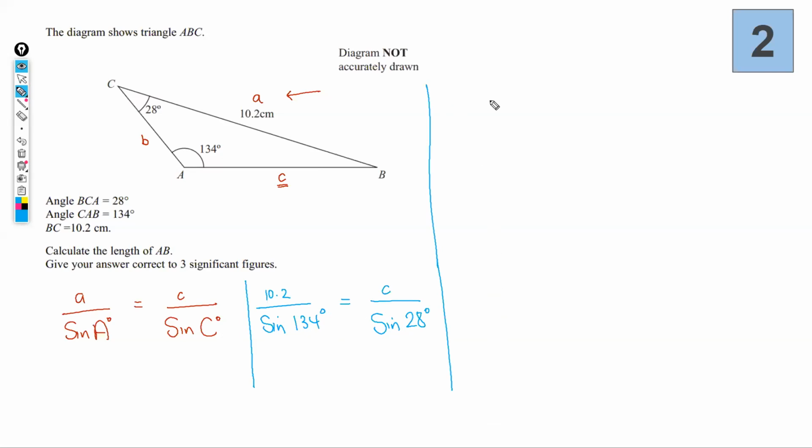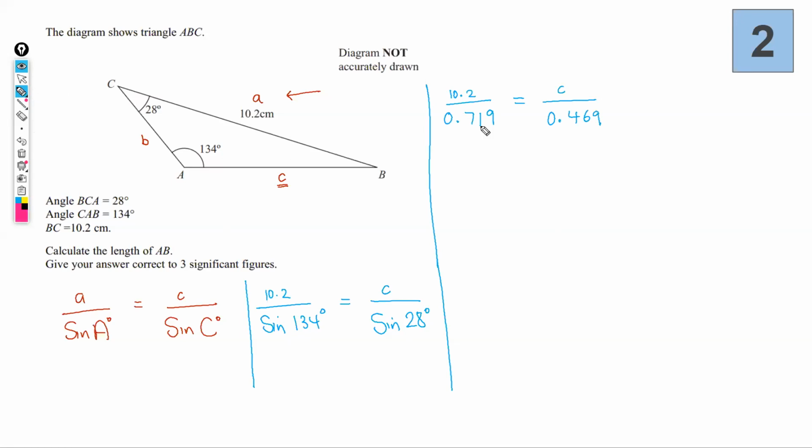We have 10.2. How much is sine 134? Sine 134 is 0.719 to 3 decimal places, common C, and sine 28 to 3 decimal places is 0.469.